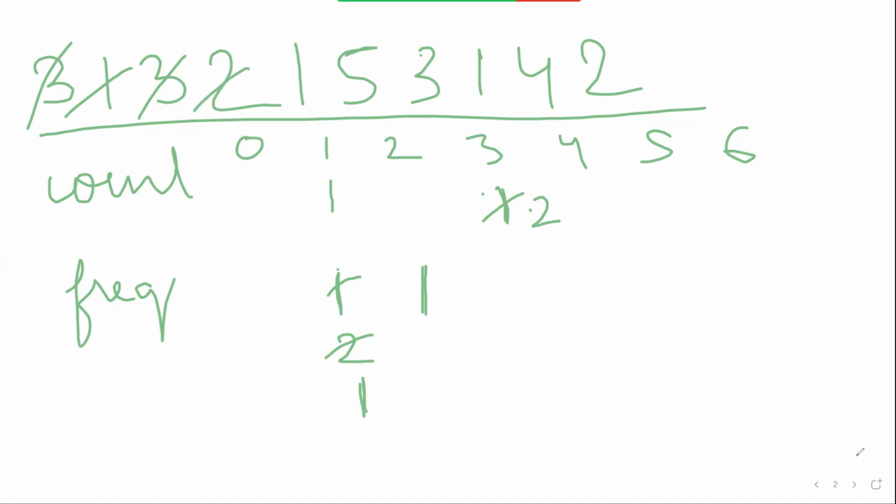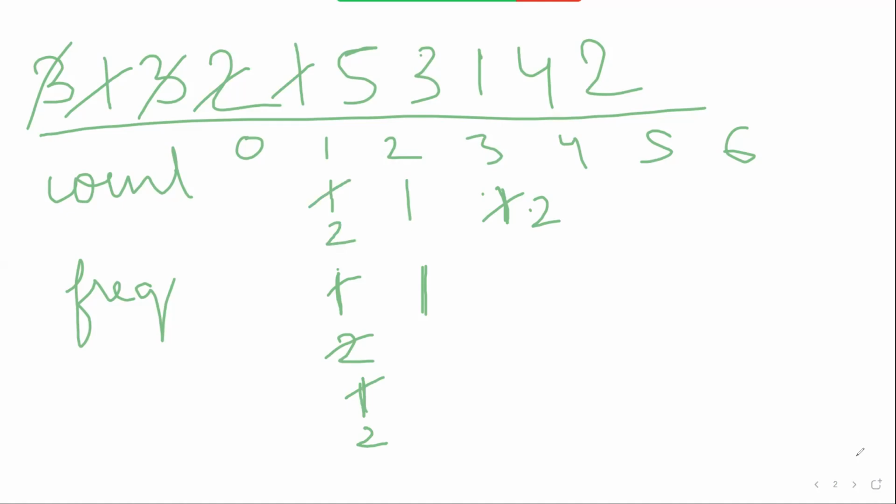Now we are adding 2. Initially count is 0 for 2. Now we are going to make it 1. So now we have two elements with frequency 1, and the frequency array will increase, that is 2. Now we are going to add 1 again. So count of 1 is increased to 2.